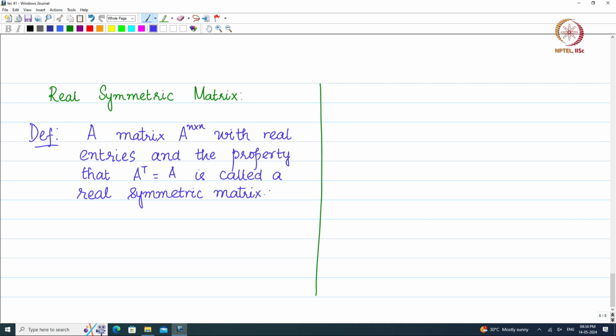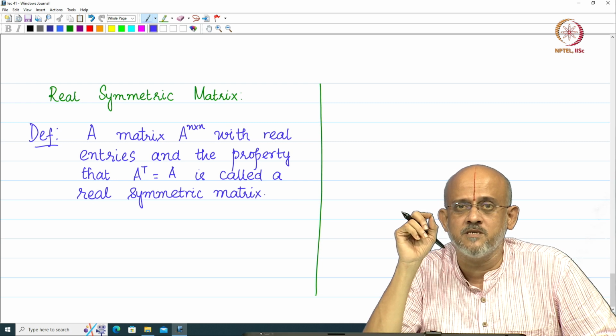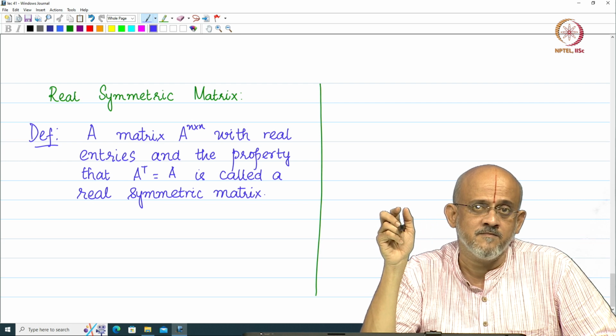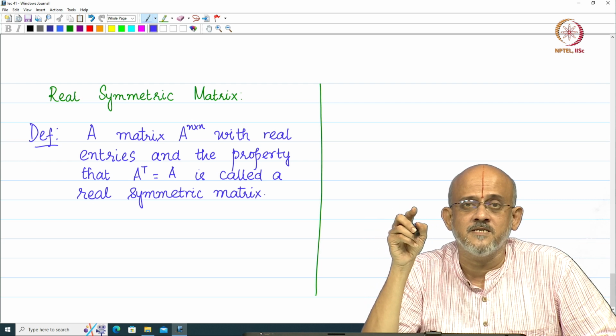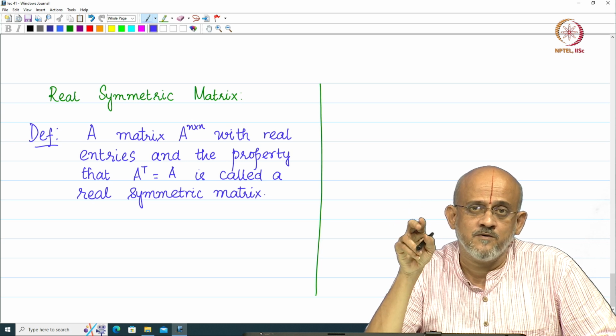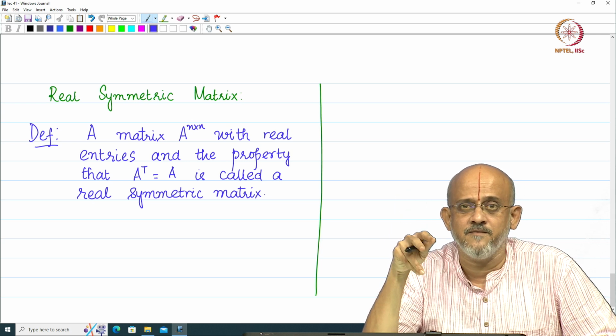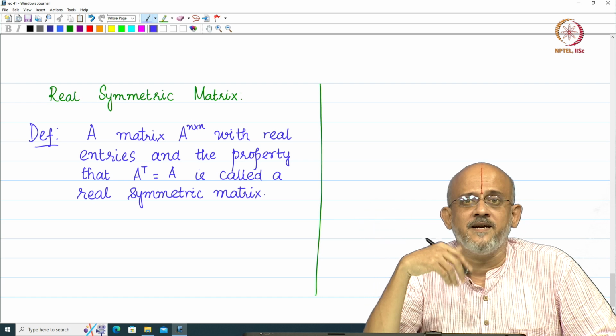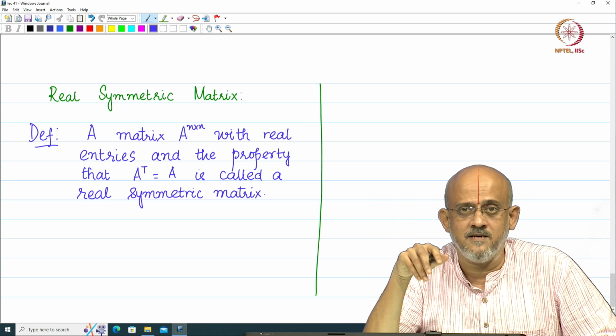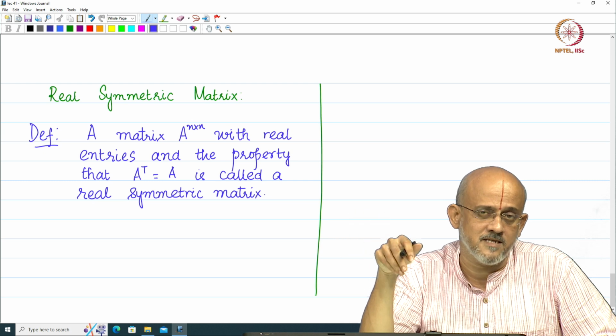And if you remember, when we started looking at vector spaces, we looked at vector spaces of matrices, and when we took square matrices with real entries, basically real matrices of dimension n by n, we saw that the set of all real symmetric matrices forms a subspace of the vector space of square real matrices. We already saw that. Suppose I take a matrix A which is real symmetric and another matrix B which is also real symmetric.